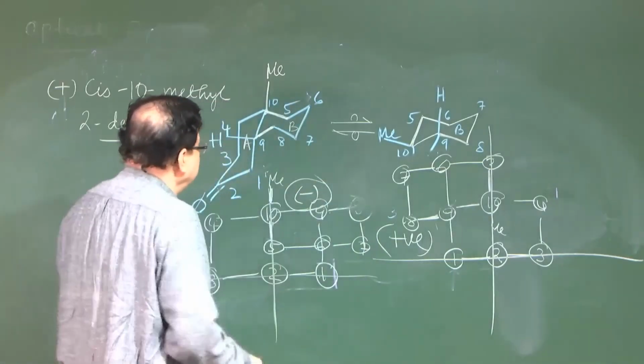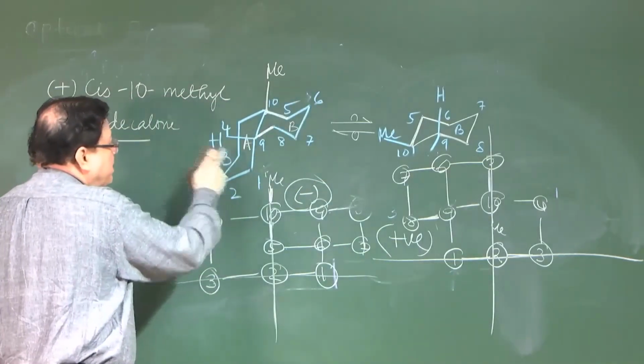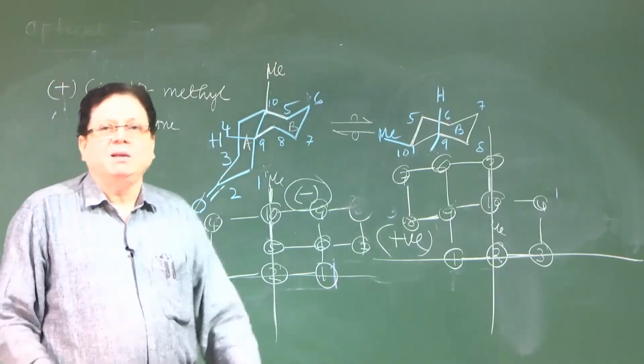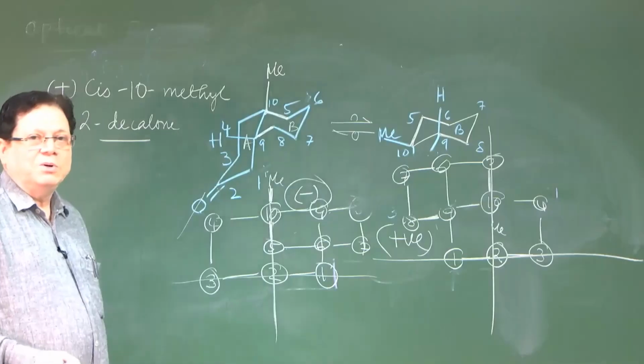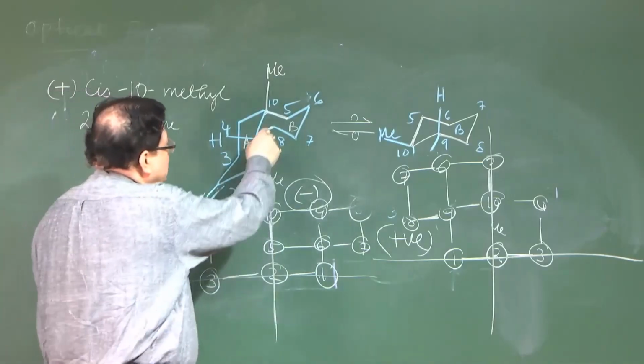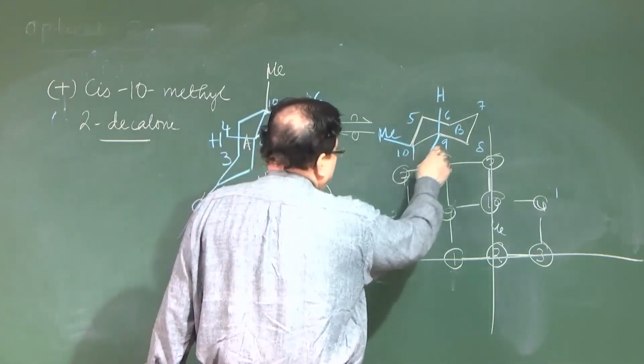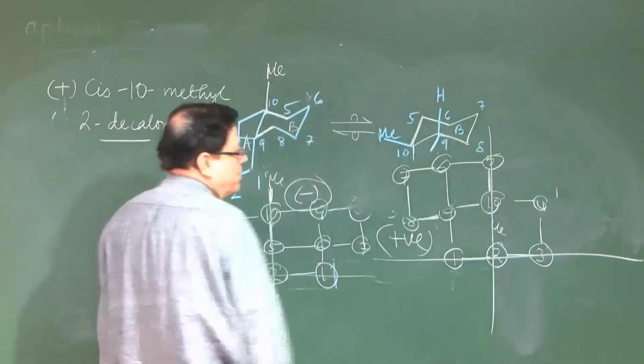negative. So, that means this is the conformation of this molecule, that 10 methyl cis 10 methyl 2 decalone. By the way, this is what is called a steroidal conformation, and this is called a non-steroidal conformation.